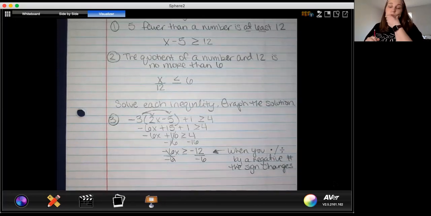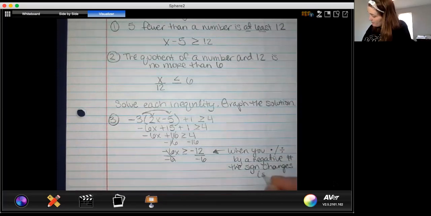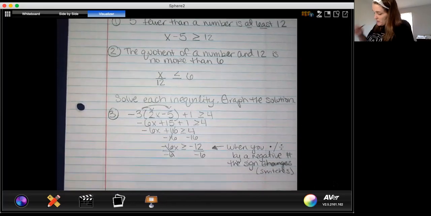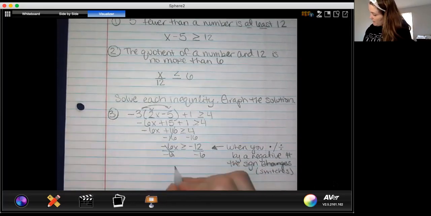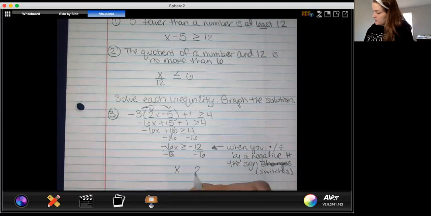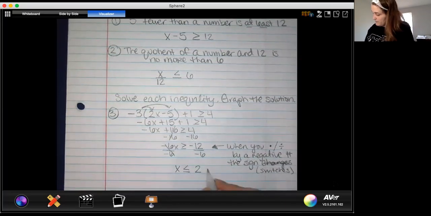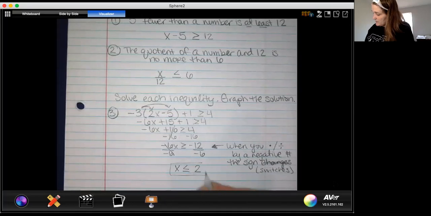Okay? When you multiply or divide by a negative within inequalities, your sign changes. Okay? And when I mean changes, really it just means that it switches directions. Okay, so maybe switches would be a better way to say that versus changes. So when I say that, we have x and we have positive 2, but now rather than being greater than or equal, now it's going to be less than or equal. So we have our answer, but now we also need to do our graph.